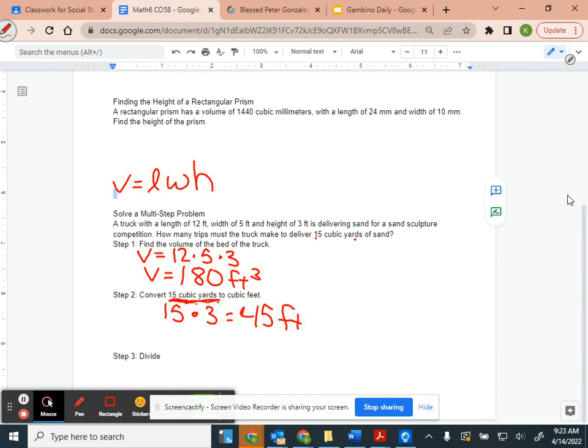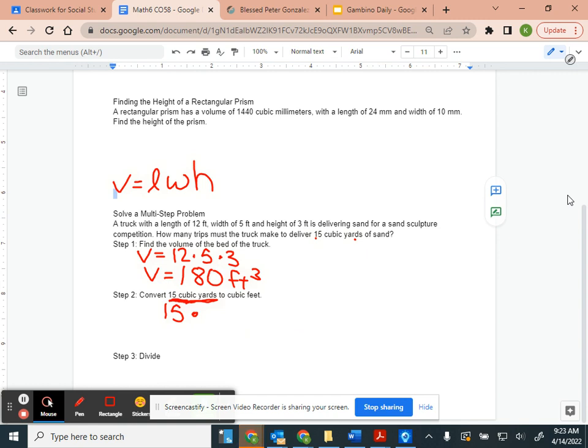So this is what we do. To convert the cubic yards, we have to really think it through. It's not just multiplying it by 3, because that would be not cubed. So because it's cubed, this is how we do this.